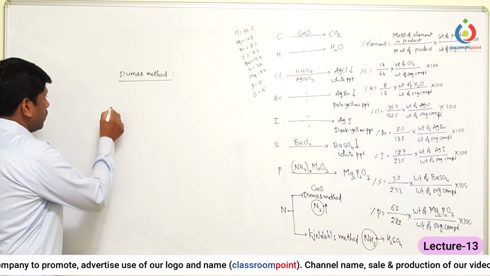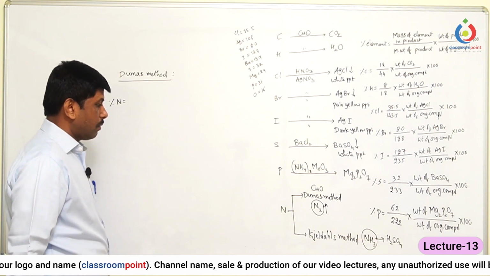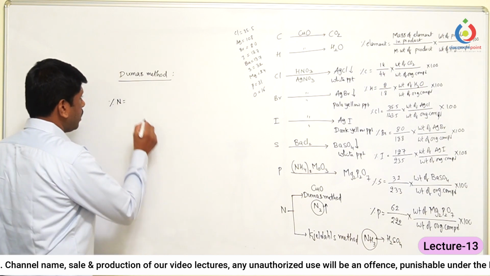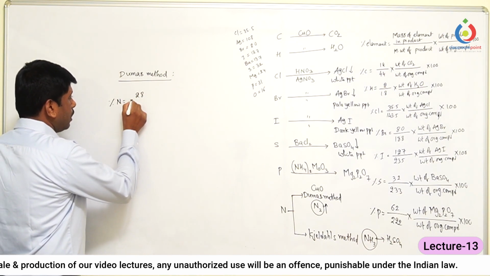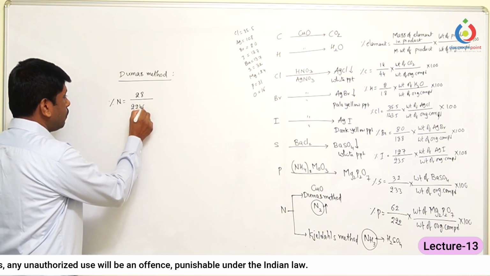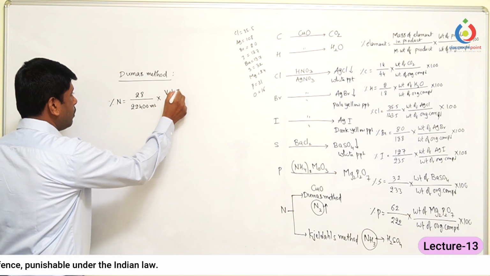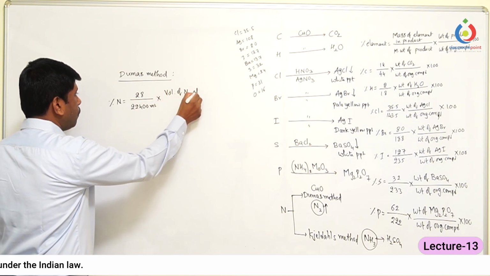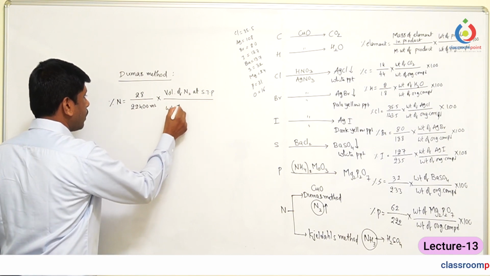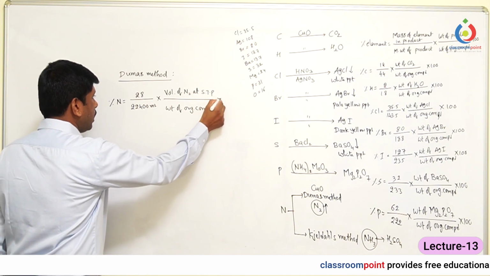So the percentage of nitrogen is equal to the total molecular mass of the nitrogen formed, here in N2 form, which means 28 grams. 28 divided by its volume at STP, 22,400 ml, into volume of N2 formed at STP, divided by weight of organic compound, into 100.